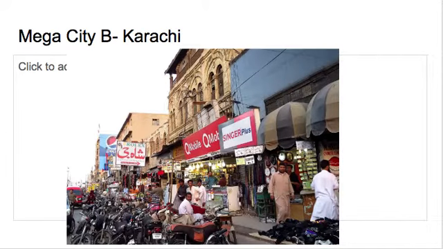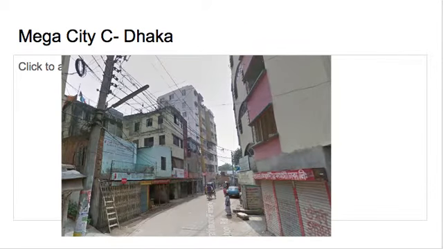We see Karachi in Pakistan, dense population, obviously continued urbanization in Pakistan as with many other countries. We see Dhaka in Bangladesh, a perfect example of rapid urbanization, one of the most densely populated cities globally.